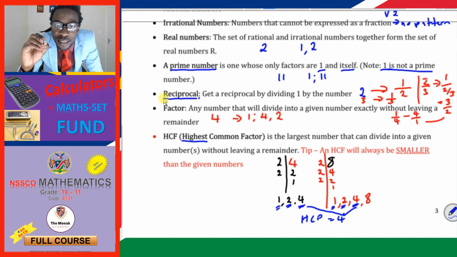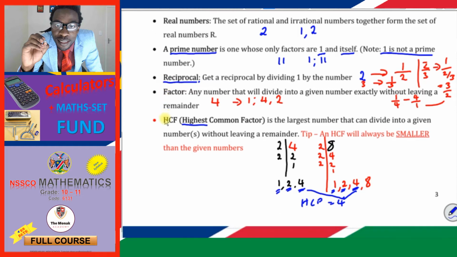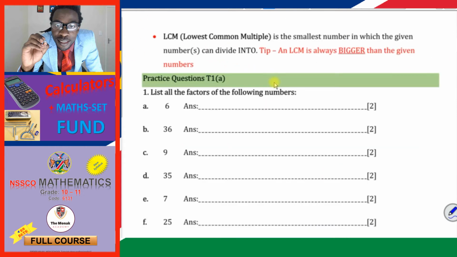Right, lastly, we look at the lowest common multiple. Now, common multiple, unlike common factor, is a number in which the given numbers can go into without leaving a remainder, the lowest of them.